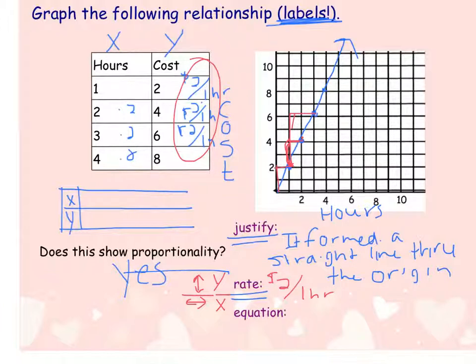So the equation is exactly like what we have been doing. Y equals our rate is the number or the coefficient in front of x. So it's easy to see on the table that what you have to do to the hours, you're multiplying by 2 every time. It's not as easy to see that on the graph, so you're going to have to remember it just fits this form. To get the y, you always have to multiply the independent variable by the rate, or 2.